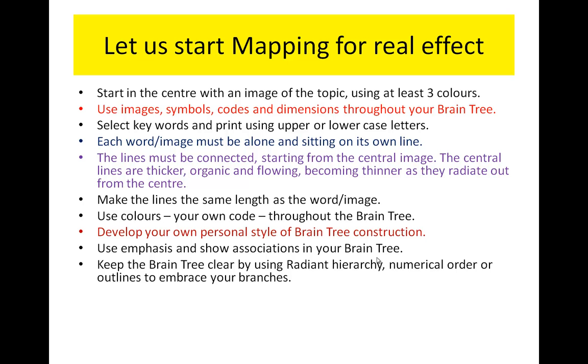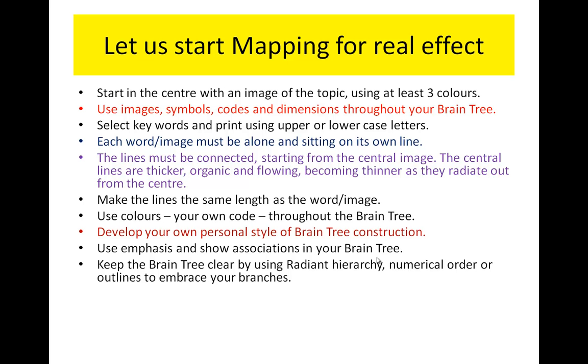Each word image must be alone and sitting on its own line. The lines must be connected, starting from the central image. The central lines are thicker, organic, and flowing, becoming thinner as they radiate out from the center. Make the lines the same length as the word or image.